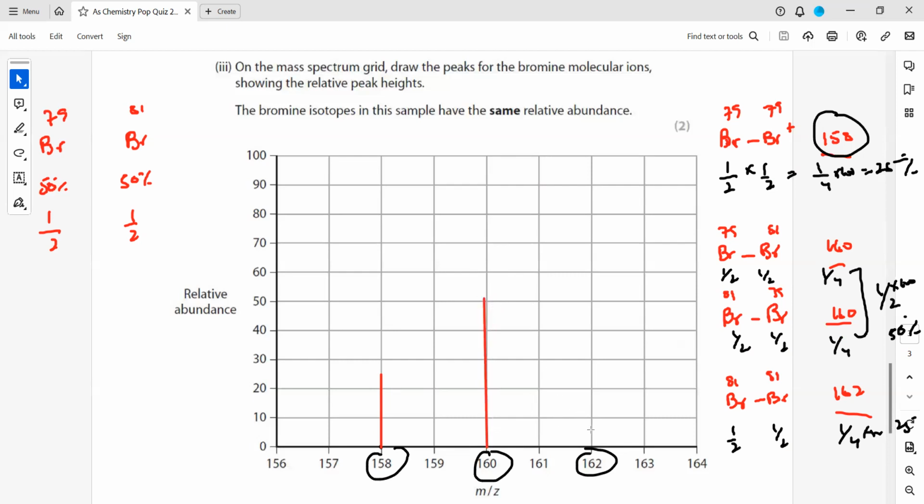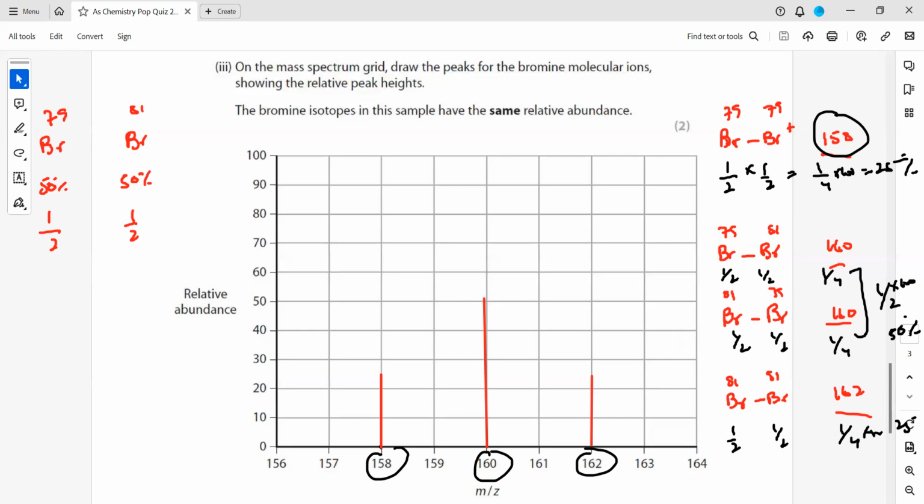And the peak at 162 is also 25%. So these are the three peaks which we will obtain in this mass spectrum. The ratio should be 1, 2, and 1.